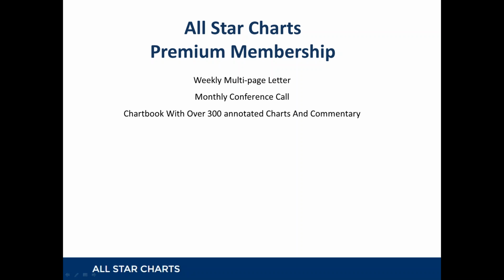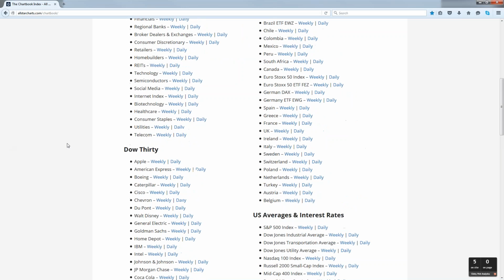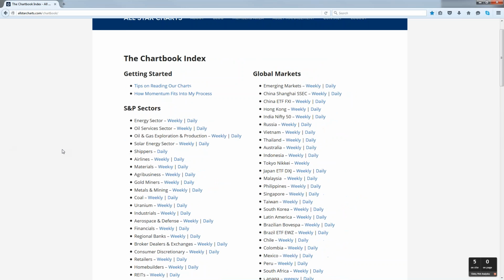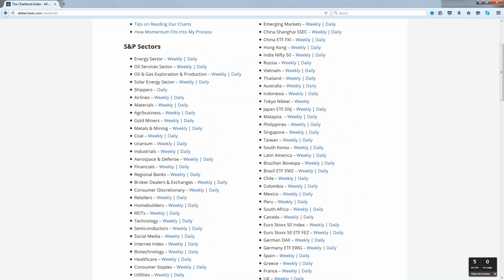In my opinion, the chart book is a new feature that we have this year that I think is a great feature. There's over 300 charts that are annotated weekly or bi-weekly, depending on which particular type of chart we are looking at. All of the S&P sectors and subsectors, notice how they're all on weekly and daily time frames.